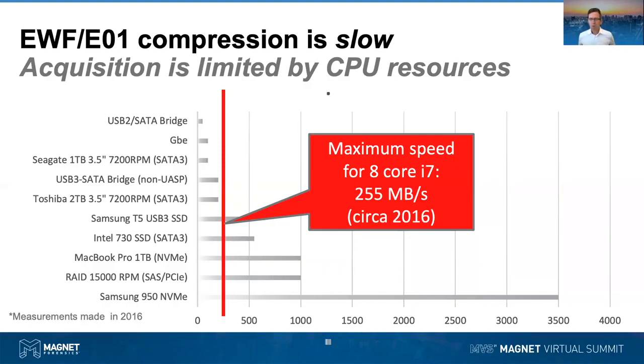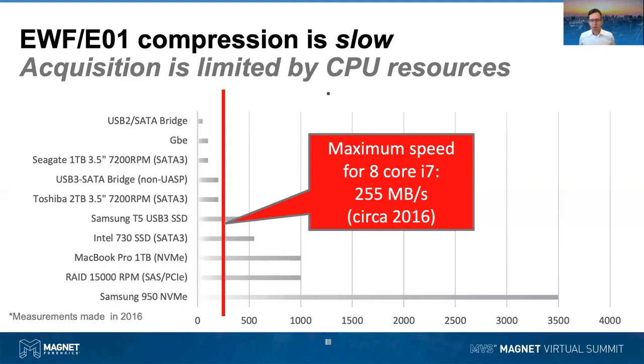So, for example, when I was doing the research that led to Arbitrary and AFF4 as it's currently implemented, we were finding that when we were trying to image things like SSDs, which were decent enough in terms of I/O to go at about 500 megabytes a second, we couldn't go any faster than half that, 255 megabytes a second.